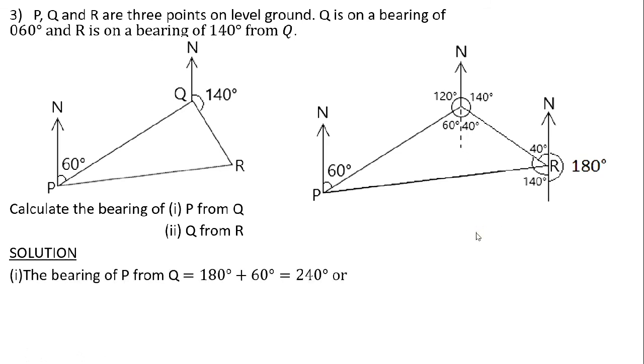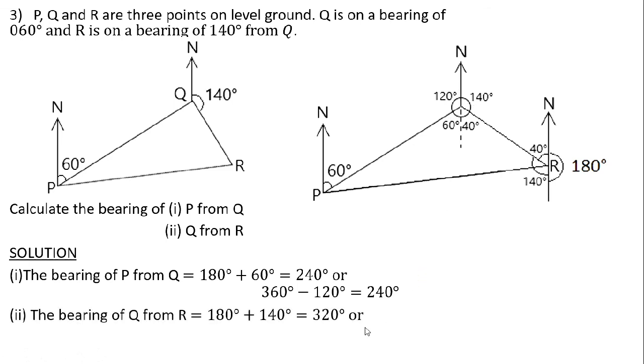So the bearing of P from Q will be equal to 180 degrees plus 60 degrees, which is giving us 240 degrees, or 360 degrees minus 120 degrees, which will give us 240 degrees.